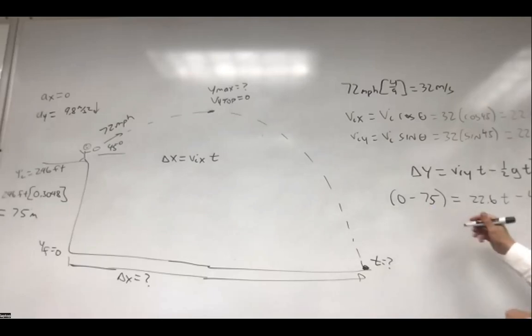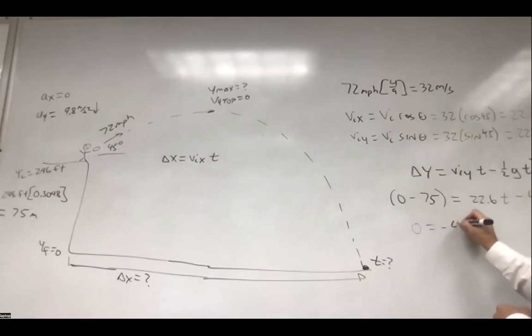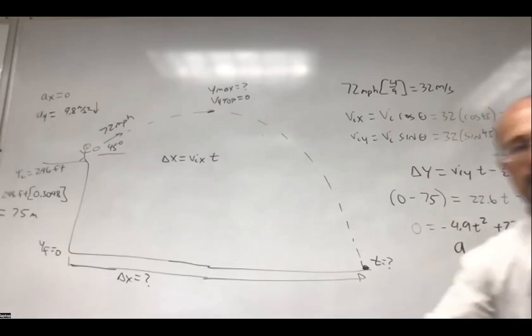Because you move the 75 over and you have 0 equals negative 4.9 T squared plus 22.6 T plus 75. So this is your A, your B, and your C. So you have the opposite of B plus or minus the square root of this number squared.